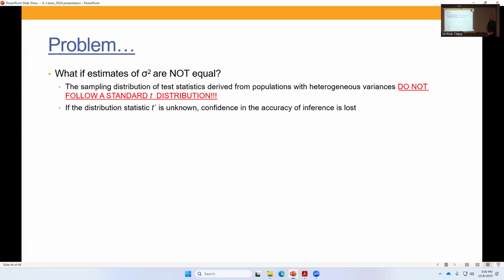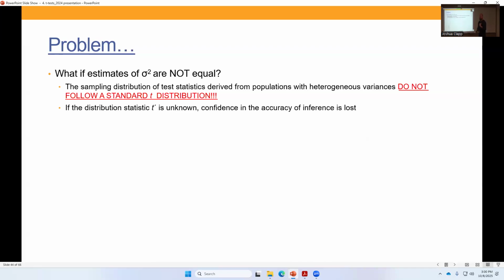So up to this point, we've talked about running our independent samples t-test in situations where we're assuming that the variance estimates are equal across populations, okay? Problem is, what happens if they're not?